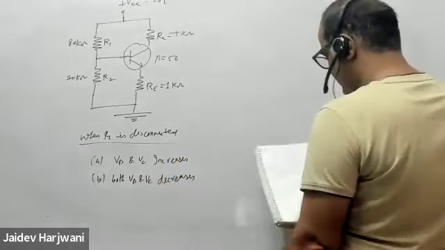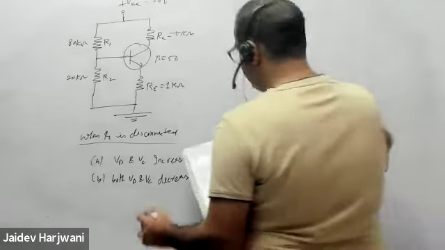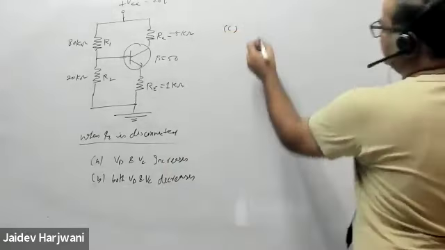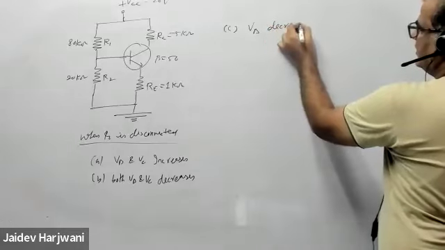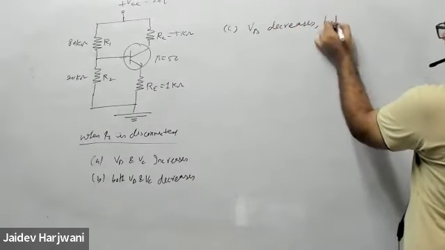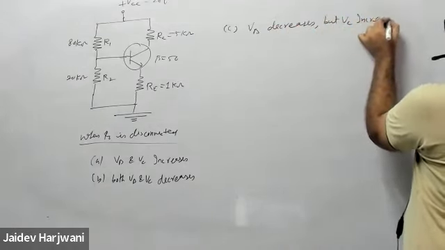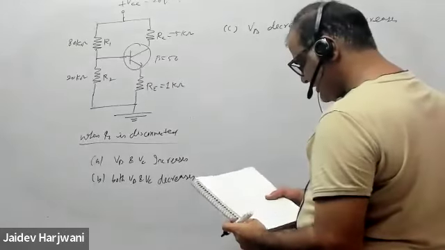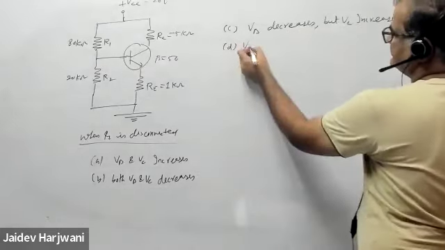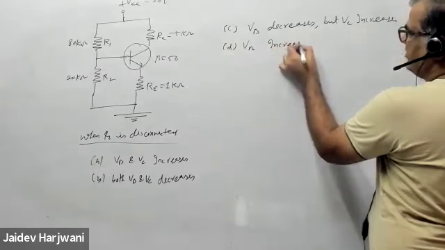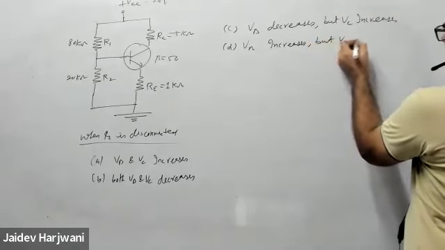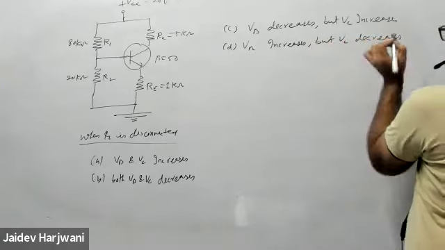Option C says VB decreases, but VC increases, and option D says VB increases, but VC decreases.